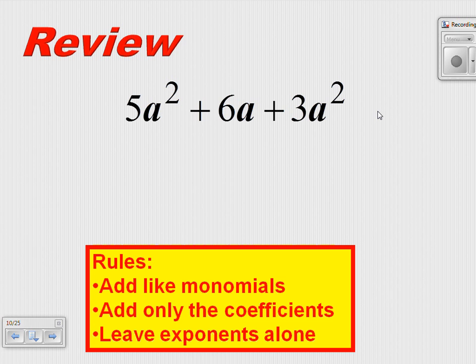The only two like terms are 5a squared and 3a squared, so you add them to get 8a squared. Since 6a is unlike the others, you just leave it alone. So the answer is 8a squared plus 6a.